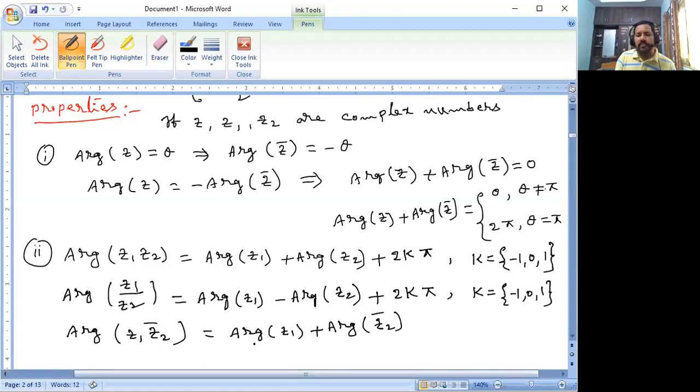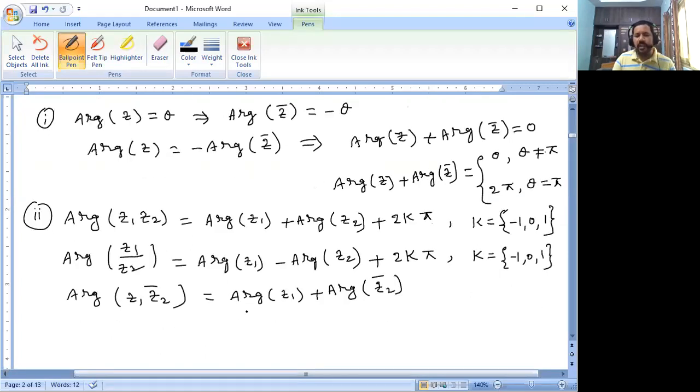What is argument of z2 conjugate? Tell me. Minus argument of z2, right? So that is argument of z1 minus argument of z2. We can write either argument or amplitude. Both are the same.